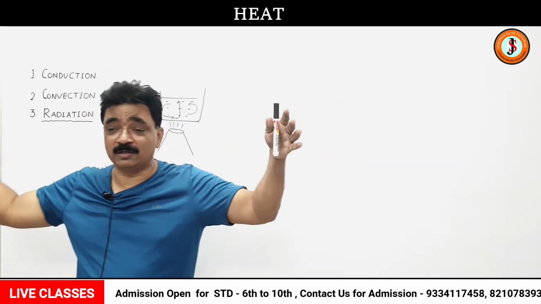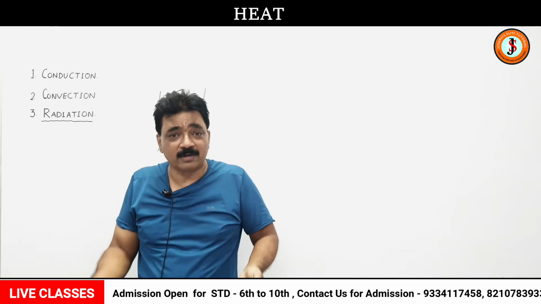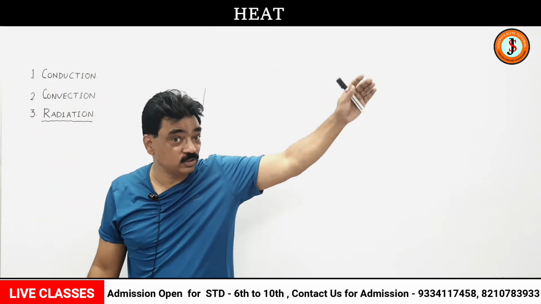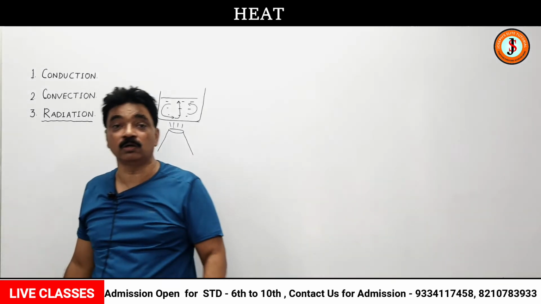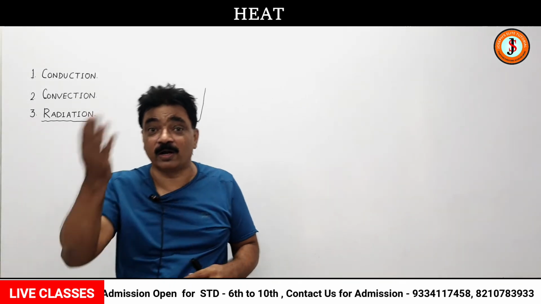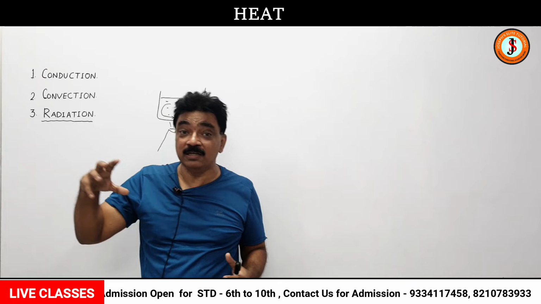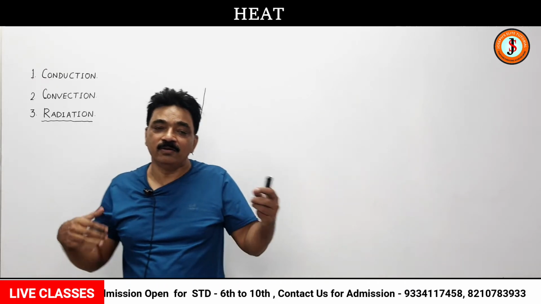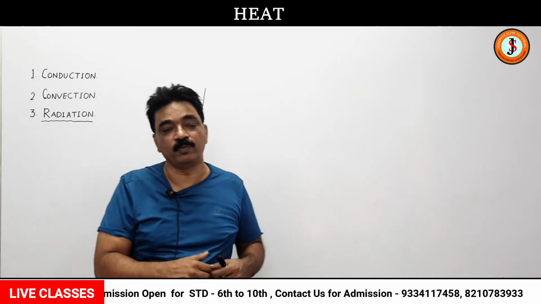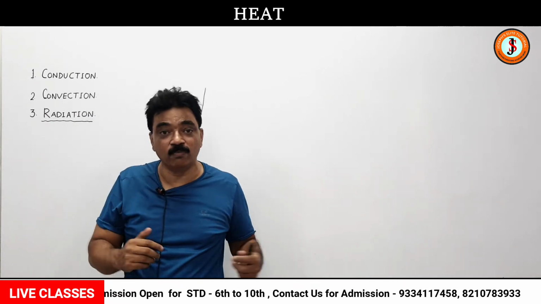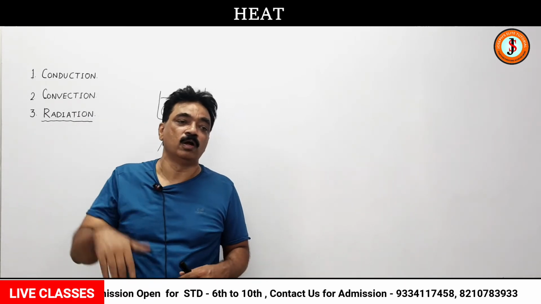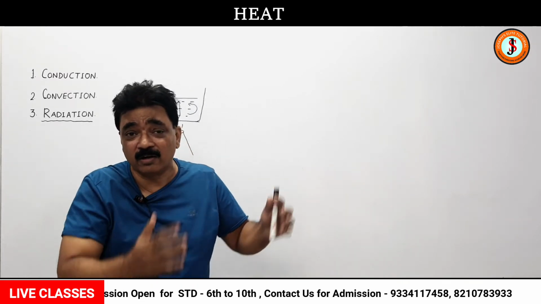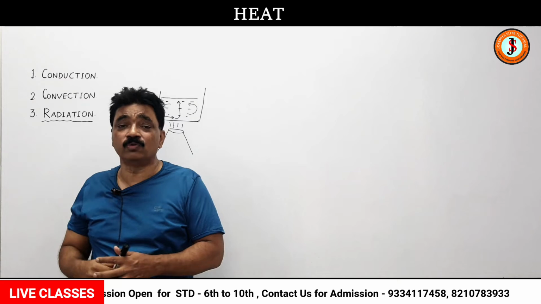Wherever there is denser, cool air, it will come to the place from where the hot air has risen up. That means due to heat in air, low pressure and high pressure is created, and due to this difference of pressure, what happens? Air or fluid mass starts moving from the place where it is heated, it will rise up and the cold air will come to take its place.